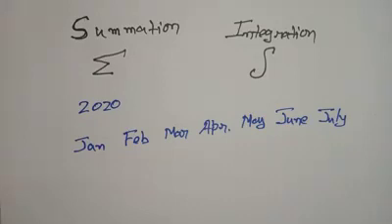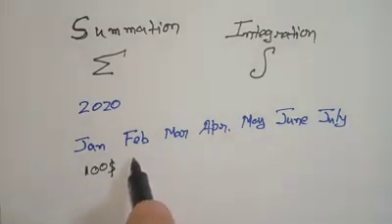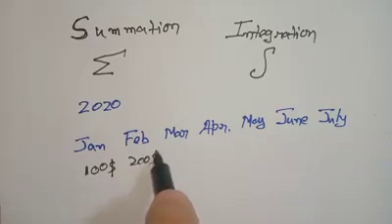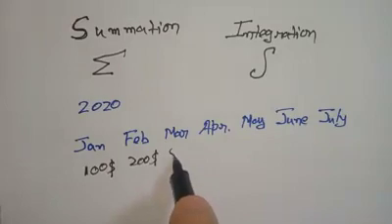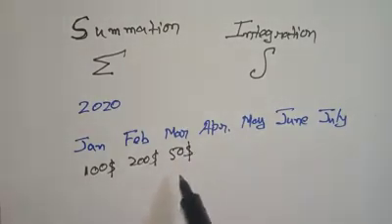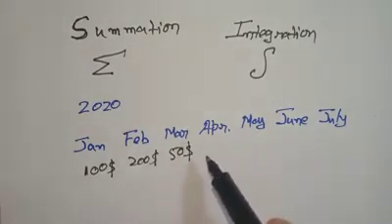For example, the revenue of that particular company for January has been $100. February it has been $200. March it has been around $50 because of the coronavirus; say the revenue has fallen down.